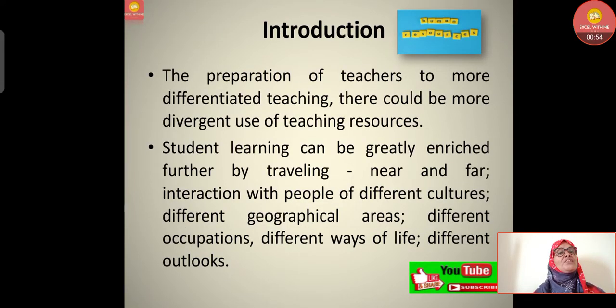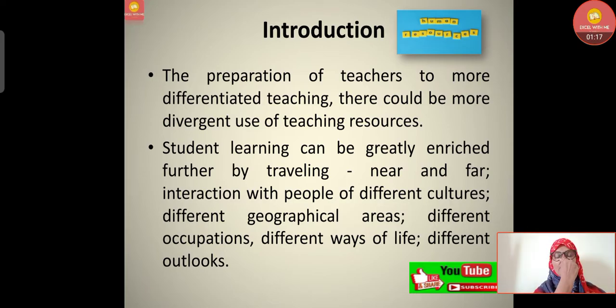The preparation of teachers for more differentiated teaching means there could be more divergent use of teaching resources. Obviously, the teacher cannot take the same resources all the time. Continuously, they have to understand the learners, what they want, how the teaching can be made so interesting for them with lots of resources.